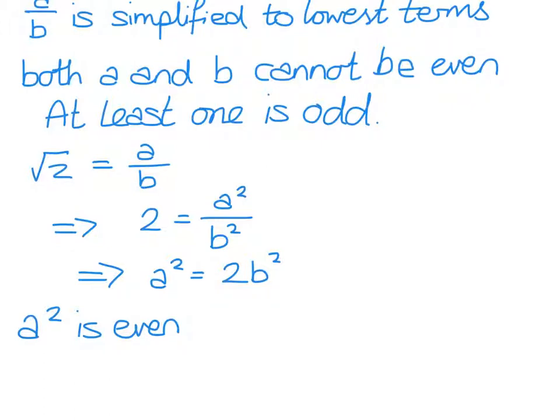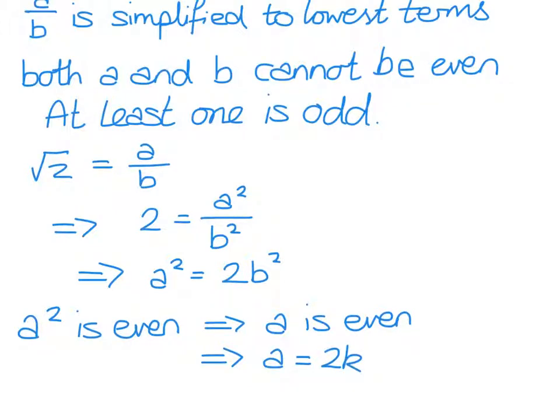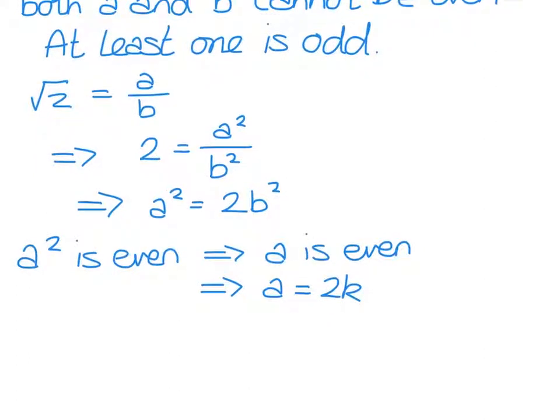And if a squared is even, it means that a is even. Because if a was an odd number and we squared it, it would be an odd number, so a is even. So if a number is even, it means we can write it in the form of 2 times another number. So that means a must equal 2 lots of some integer k.